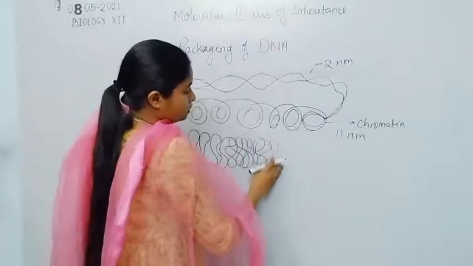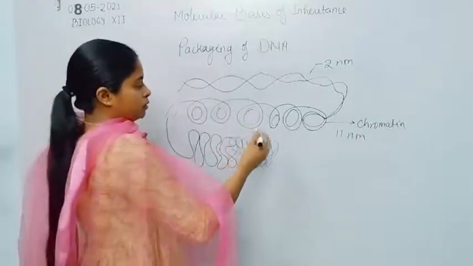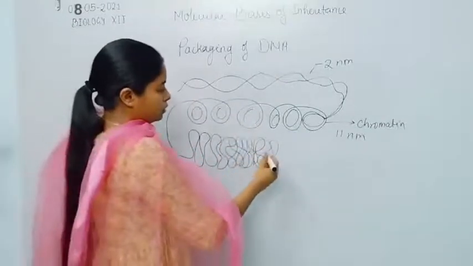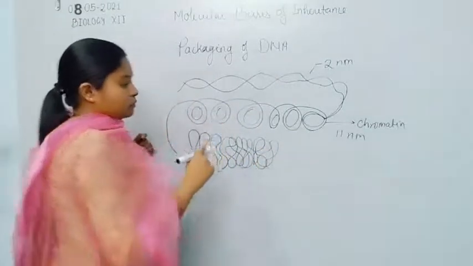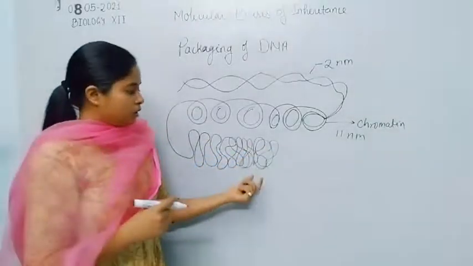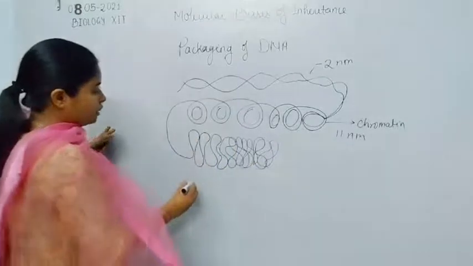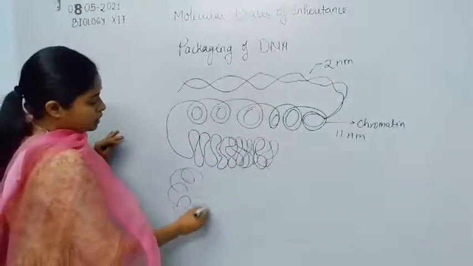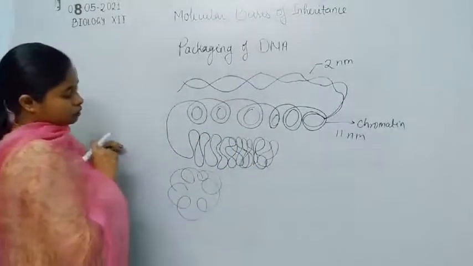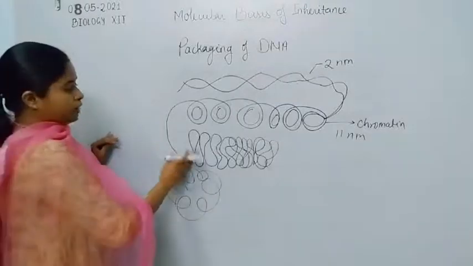When we observe these nucleosomes, this is the structure of the nucleosome where all the nucleosomes are arranged in a solenoid manner. So here is the solenoid structure of the DNA molecule.